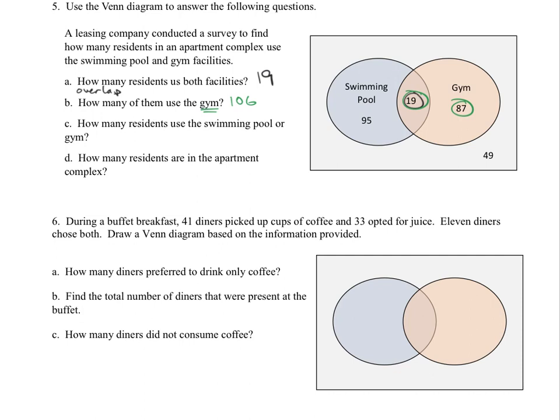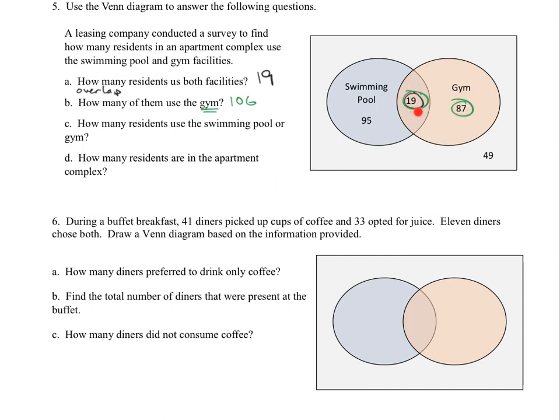All right. The next question, how many residents use one or the other? Well, that would be everybody in here. So using or, remember, means one of them can be true. So that means people who just use the swimming pool. The other can be true, which are the people who use the gym, or both can be true.